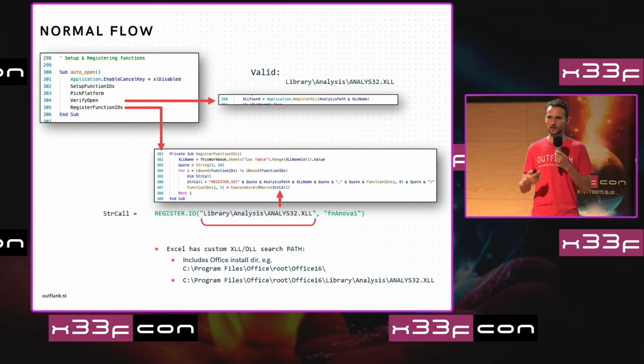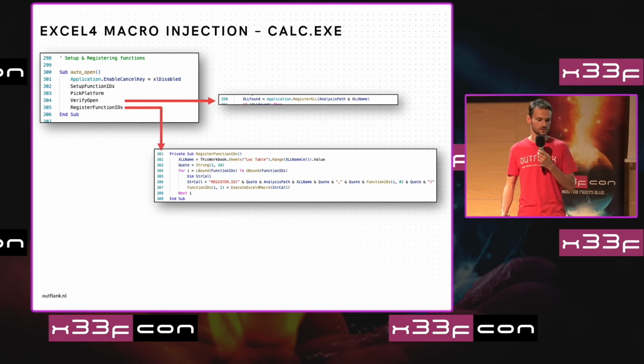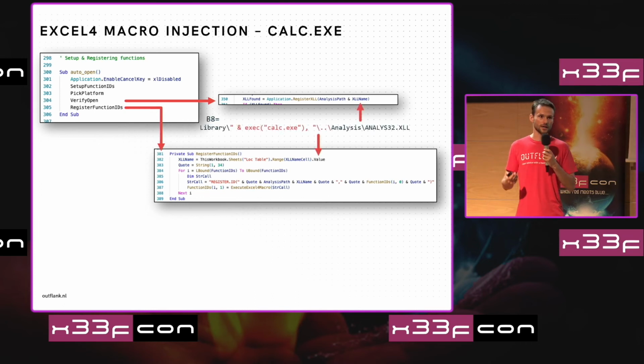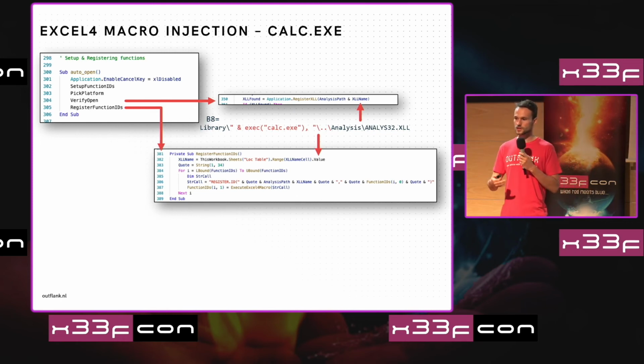Let's see if we can still use this path, but also add some malicious code into that. Let's see if we can pop a calculator application. We're going to try to do that by injecting some code and then traversing it back. So we're going to put our code in a dir traversal.